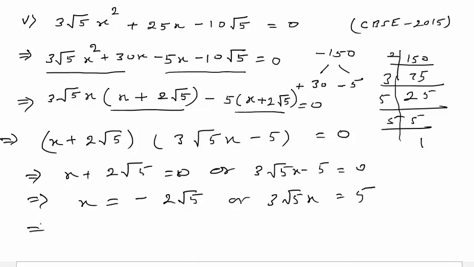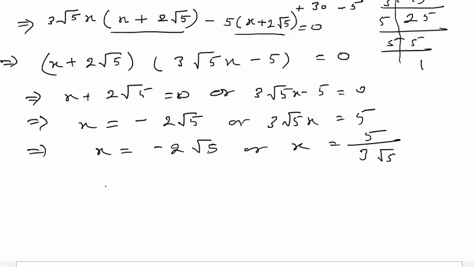So therefore the final answer is x is minus 2 root 5 or x is 5 upon 3 root 5. Now it is a general practice that we do not write a root term in the denominator part. So my x will be minus 2 root 5, or my x will be, that numerator 5 can be written as root 5 into root 5. One root 5 will cancel and I have root 5 divided by 3.